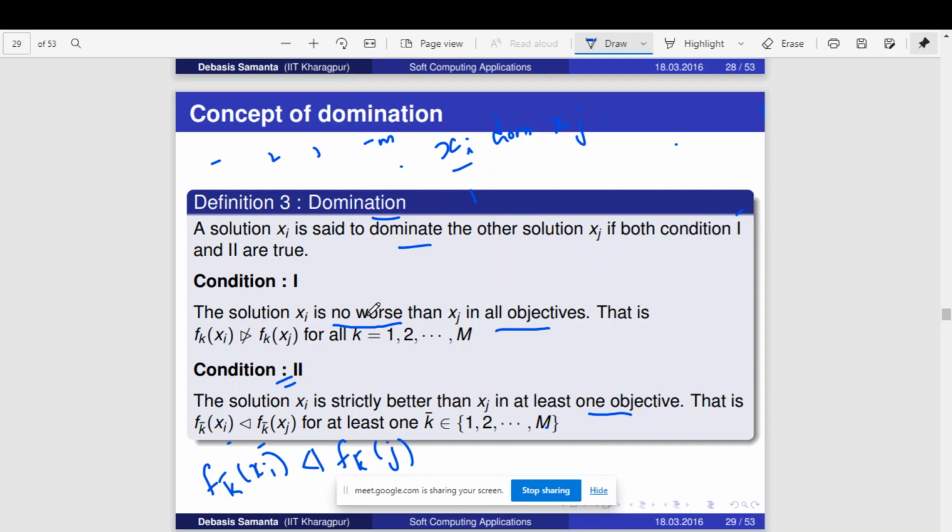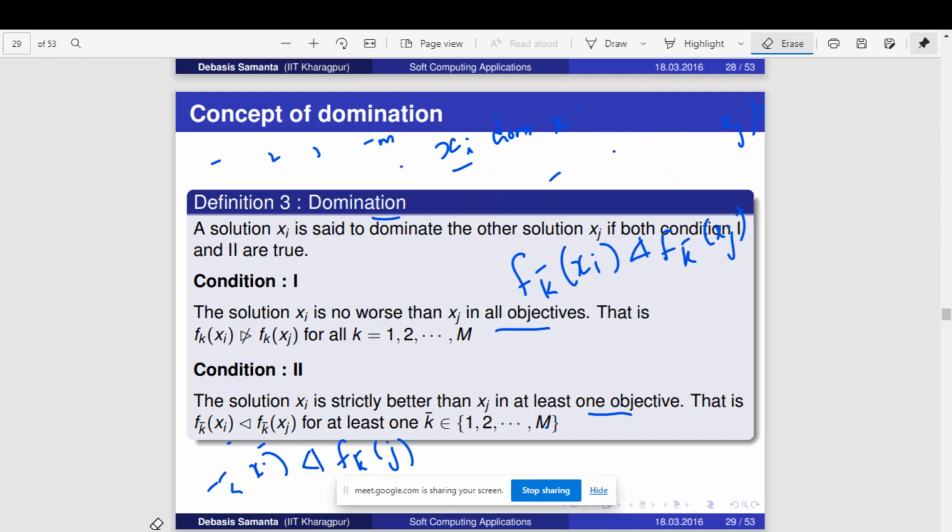That is, fk of xi is not worse than fk of xj for all k. The second condition is that there should be at least one objective function, say k dash, for which xi is better than xj. In that case you can say that xi dominates xj. This is how the concept of domination is defined.